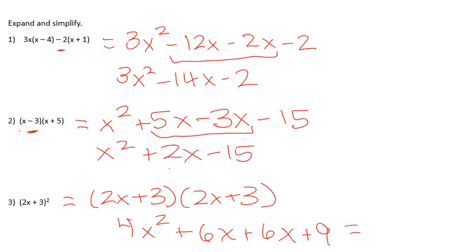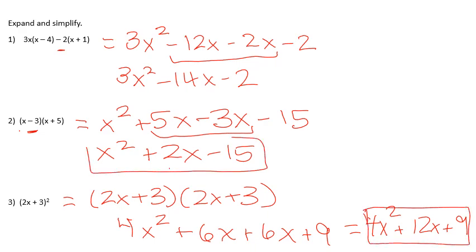Again, combining those two middle terms because they're like terms, 4x squared plus 12x plus 9. I'm going to box in the answers to give you a minute to think if you're following along.